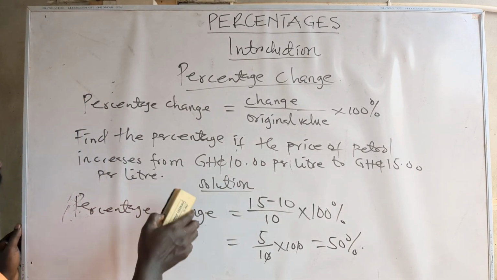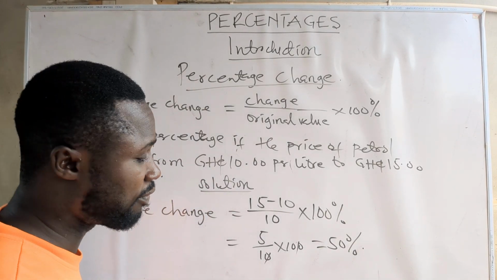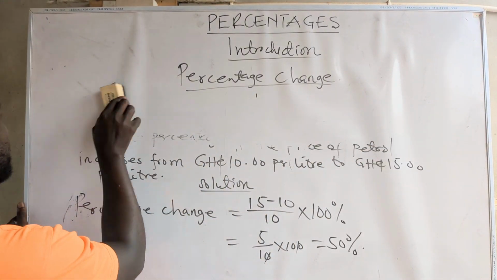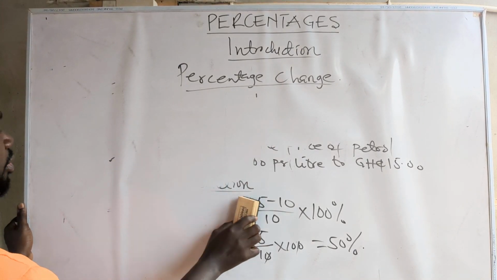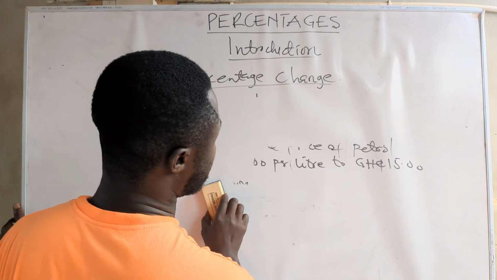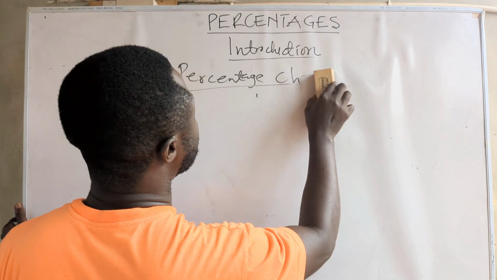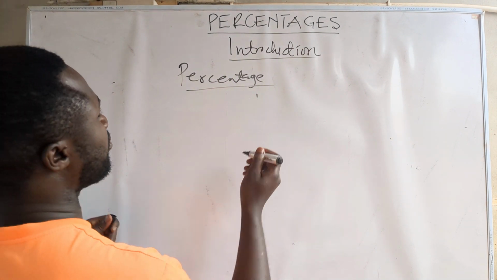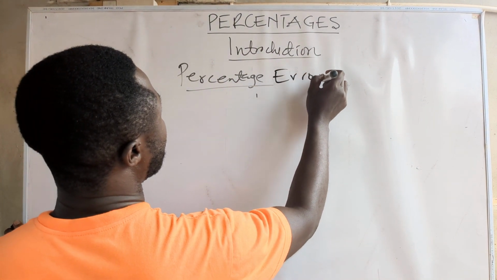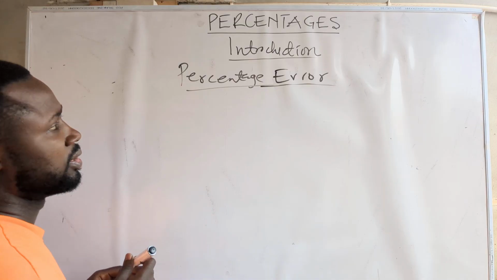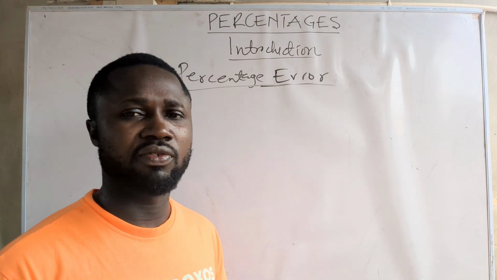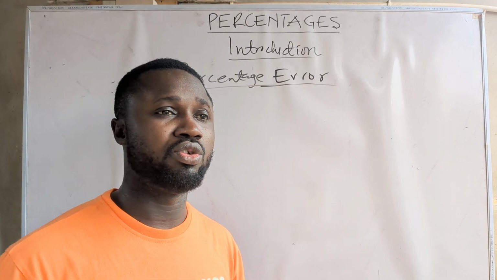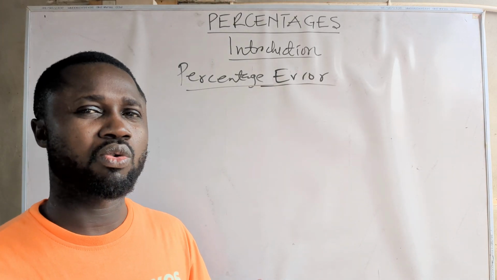I know that as you get questions, you'll be able to solve on percentage change. So now let's look at percentage error. Let's say that you are calculating for something, and then instead of using the original value, you use another value. So what is the error?